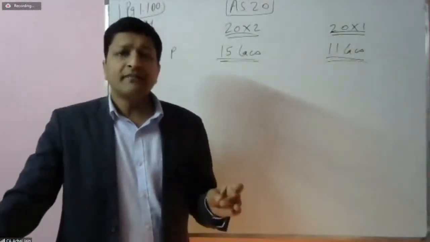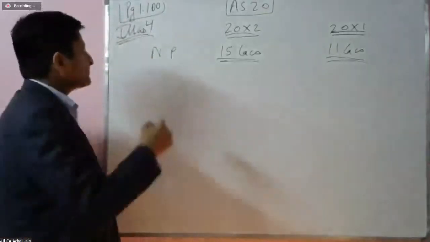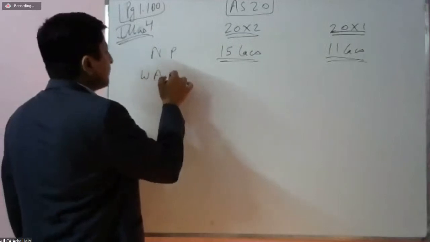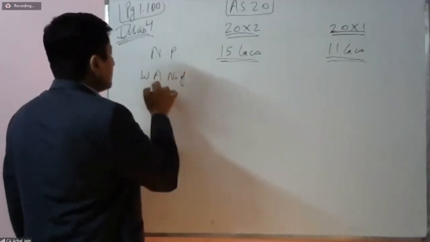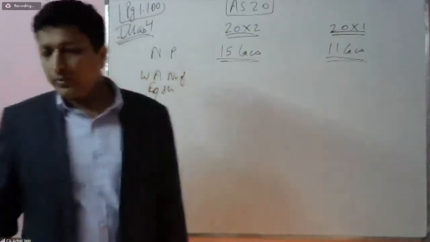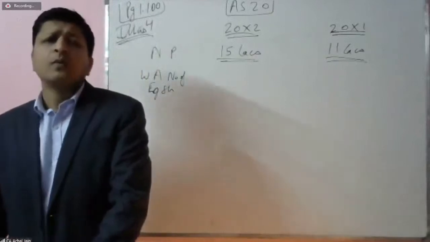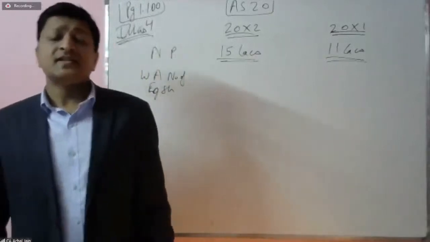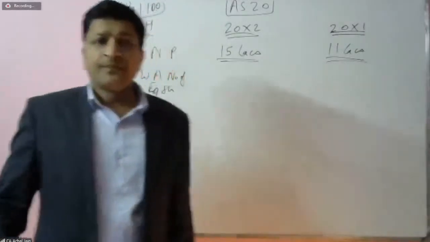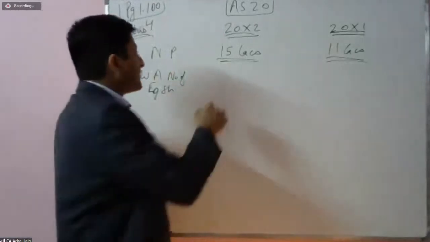Now the only thing that we need to work on is what? Denominator. Weighted average number of equity shares is what we need to compute. Correct? So now we understand that this rights issue came on 1st of March. Prior to the rights issue, how many shares did we have? 5 lakh.